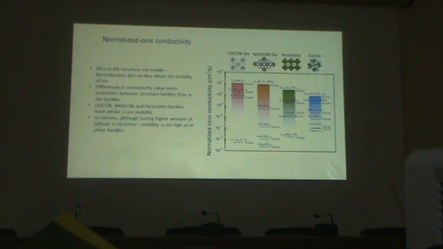And what people try to do here is normalize the ionic conductivity, because different compounds have different amounts of lithium in the structures, right? And in certain structures, not all the lithium may be mobile. So we have to normalize for the mobile lithium in the structure. What they do is normalize the ionic conductivity just by dividing by the amount of lithium found in the unit cell and the charge it's carrying.